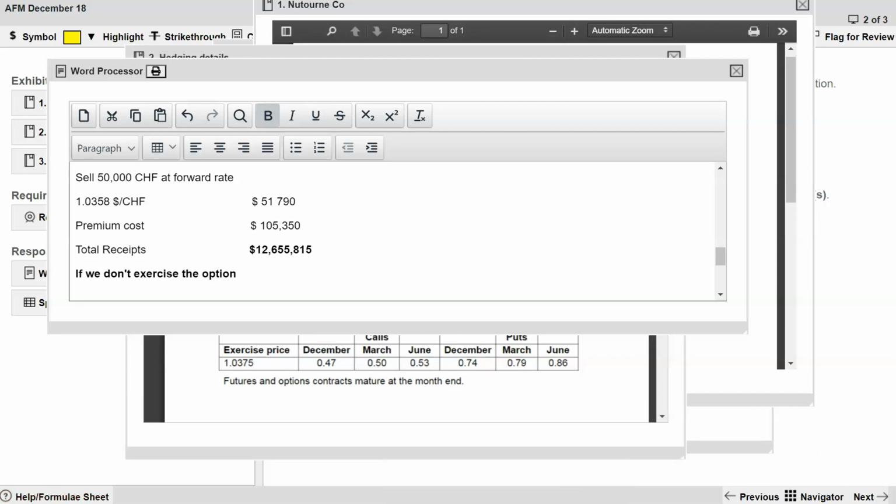Guys, if we don't exercise the option, what we will do? I'm just explaining it in a way. Let's suppose after 6 months at May, if you do not want to exercise, in which case you will not exercise the option.